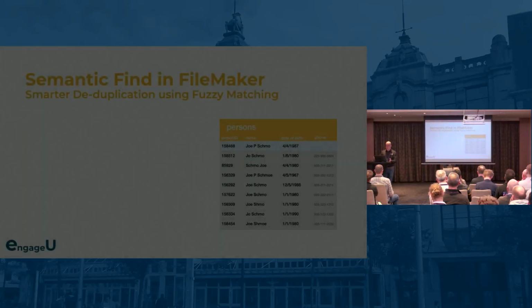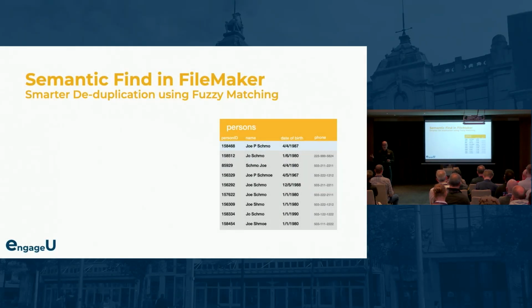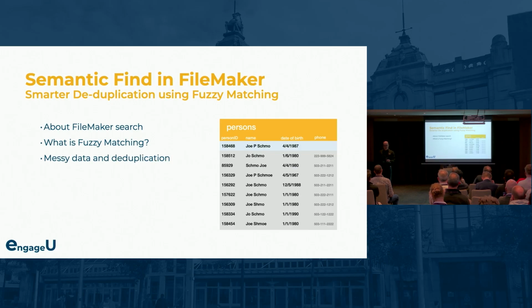So this session's called Semantic Find and FileMaker, Smarter de-duplication using fuzzy matching. Here's what I'm going to cover today. I'm going to talk a little bit about search in FileMaker. I'm going to go over what fuzzy matching is and how it's defined. I'm going to talk a little bit about messy data and the kinds of messy data we can encounter and why it's difficult to deduplicate it.